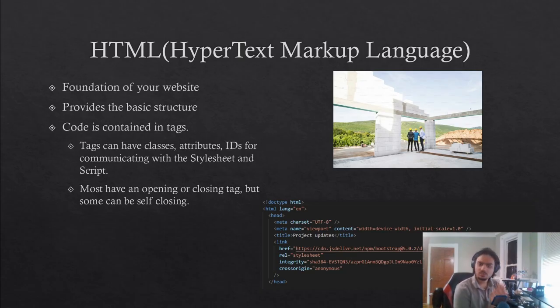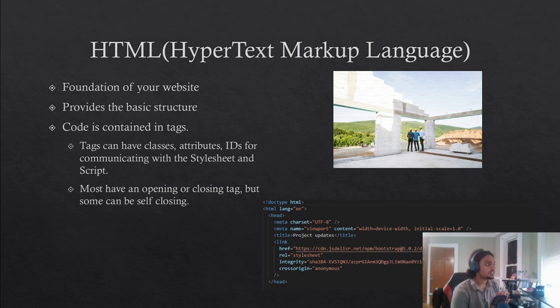It provides a basic structure of your website, like where an image is going to be, where the nav bar is going to be, a button, text, etc. It also provides information of the style sheet, the CSS, and the script, the JavaScript, that the website will be using.